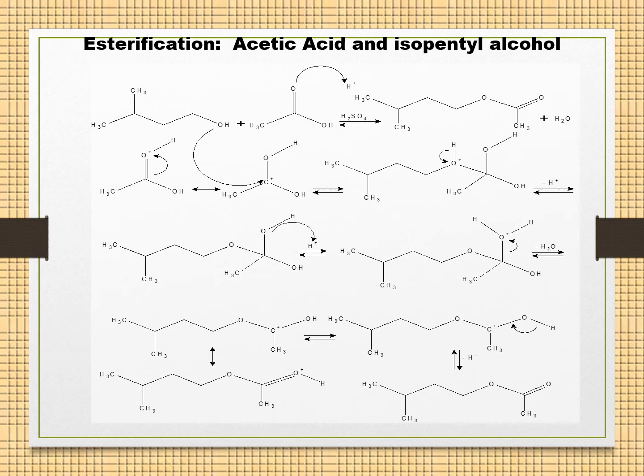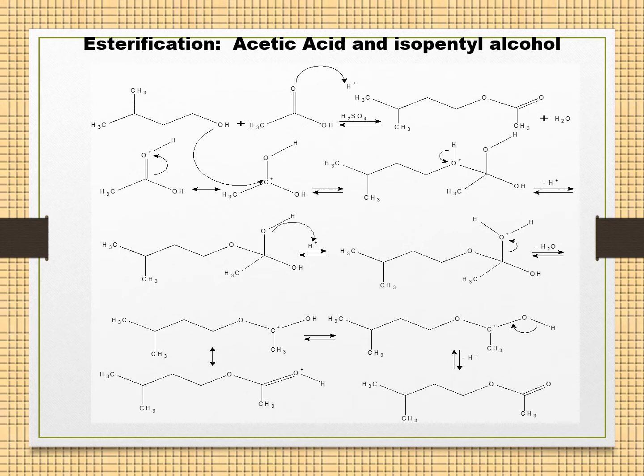We will have a resonance, and then a carbocation will be formed. The alcohol will attack the carbocation and gives us an intermediate. When we deprotonate this intermediate, again it gives us a neutral product, which is a semi-product.